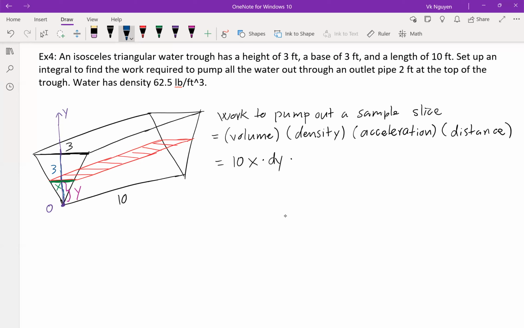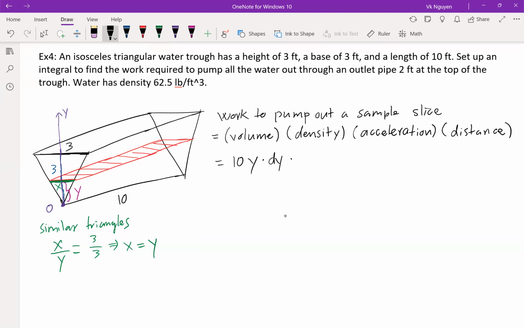Use similar triangles: x over y equals the ratio for the bigger isosceles triangle, 3 over 3. So x equals y. Oh, how nice. And times x, in this case, it is just y.